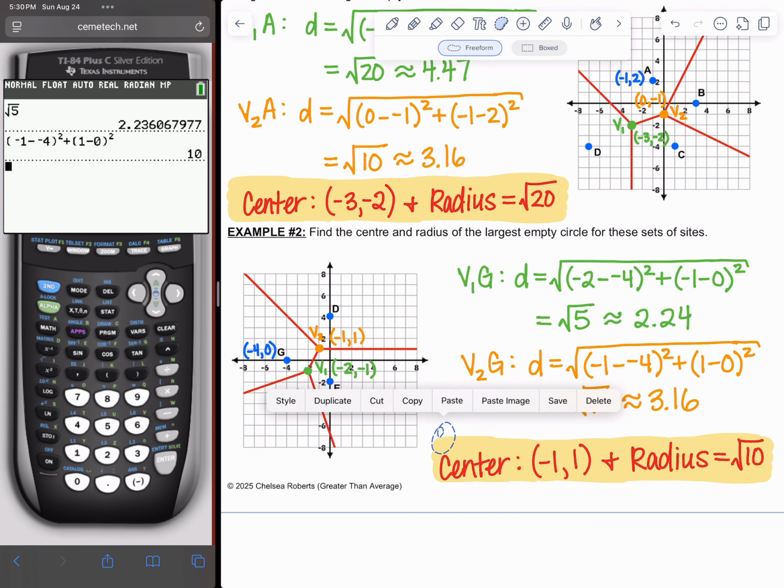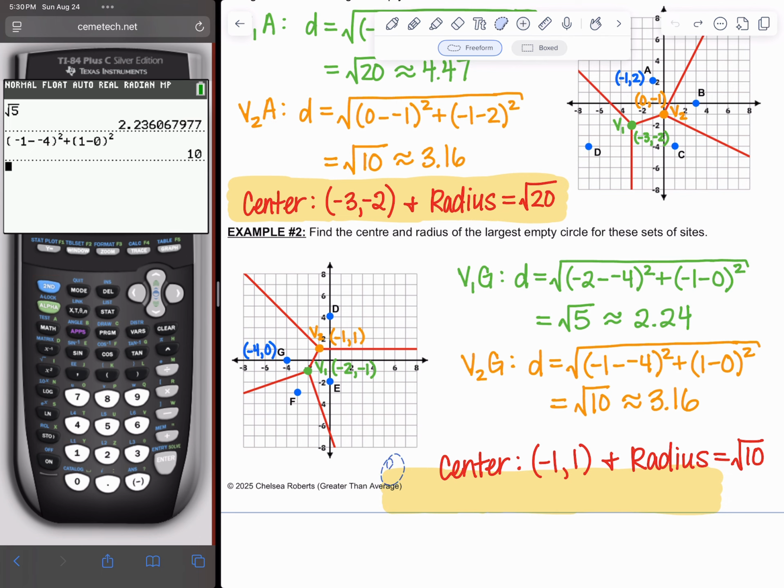Okay, so we know we need to have a center at -1, +1, and a radius of the square root of 10, right? And sometimes you can visually tell, but you still have to do the math to find the radius. So you may be able to visually look and tell what the center should be, but you have to do the math and find the distance to find the radius. You cannot skip that step.